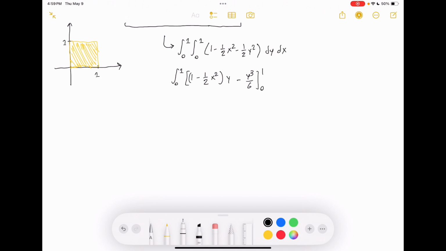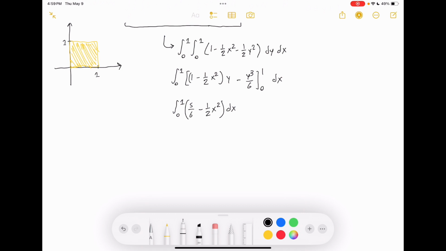And that goes from 0 to 1. And we still have our dx left over from here. And if we evaluate that out, we're going to bring our integral up again, and we're just going to have 5/6 minus 1/2 x squared dx.